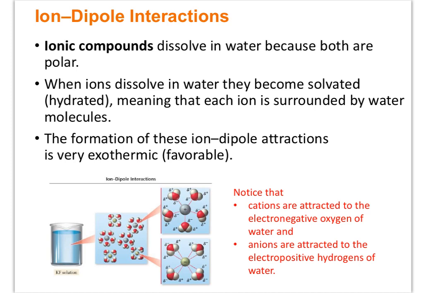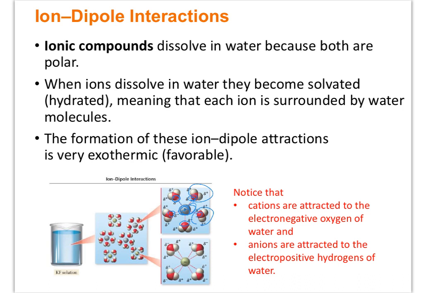Looking at a molecular-scale image of solvation of an ionic compound in water, right here we have the cation, and these are water molecules. All the water molecules orient themselves so that the electronegative oxygen in water is most closely oriented to the positively charged cation.